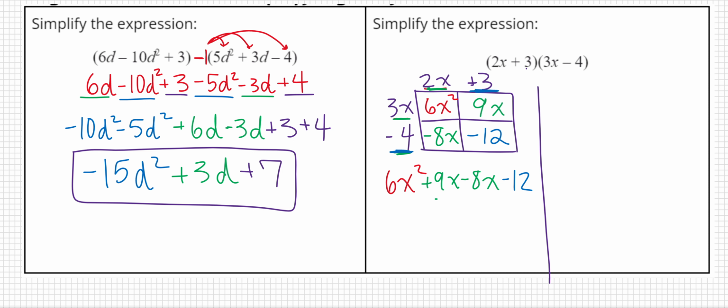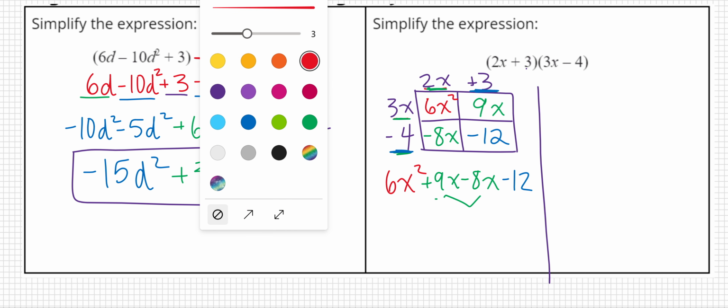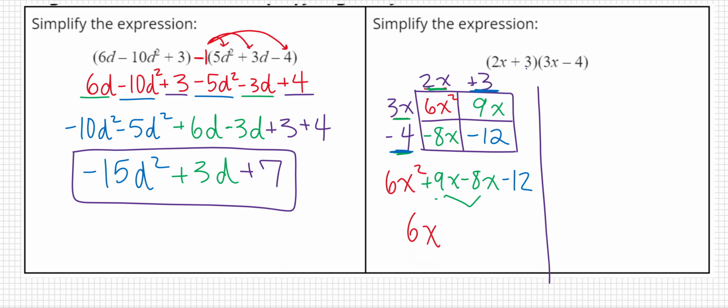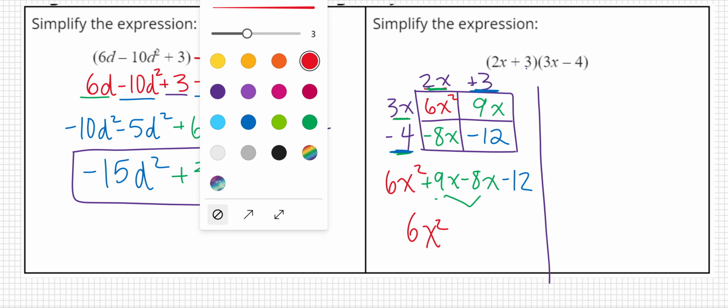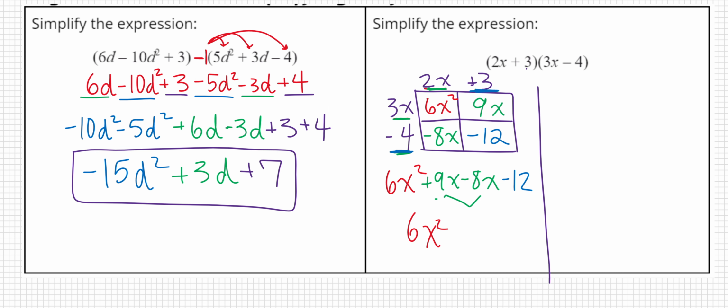I can combine the two terms with x. So I'll have 6x squared, and then 9x minus 8x is positive 1x, so I'll just write that as plus x. And then last is minus 12.